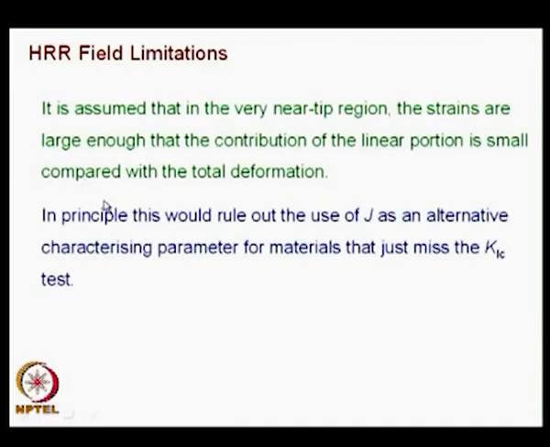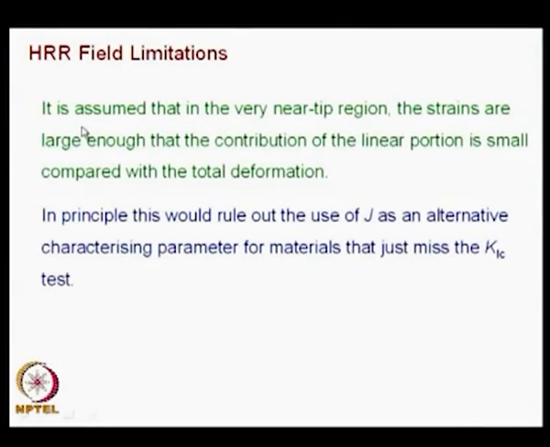In principle, this would rule out the use of J as an alternative characteristic parameter for materials that just miss the K1C test. While we discussed fracture toughness testing, I also said this is a very unique type of test. You are not guaranteed at the start of the test whether the value would be acceptable or not. You do such a complicated test, and at the end you say it may be accepted or not.